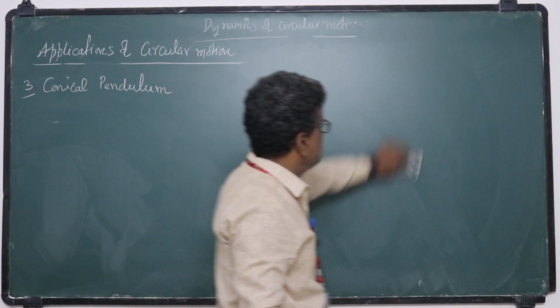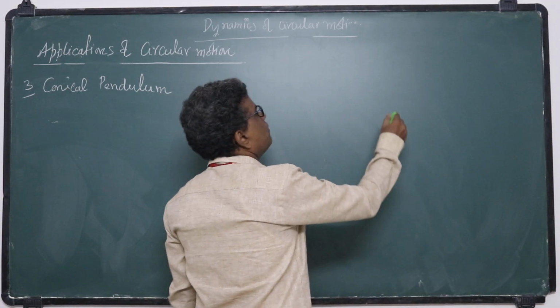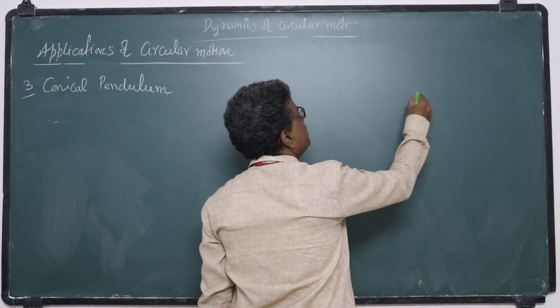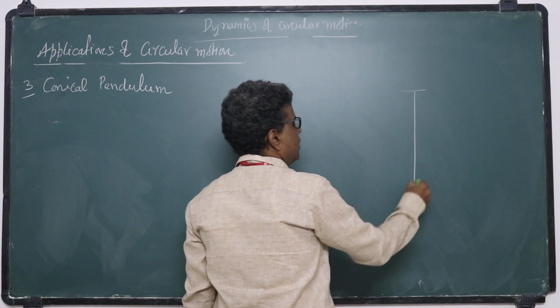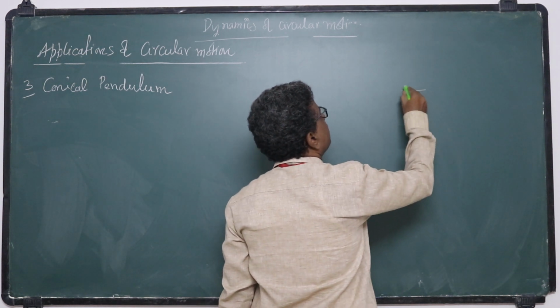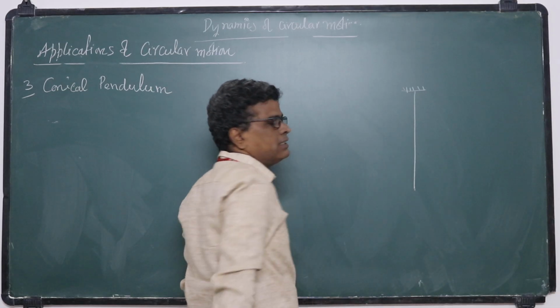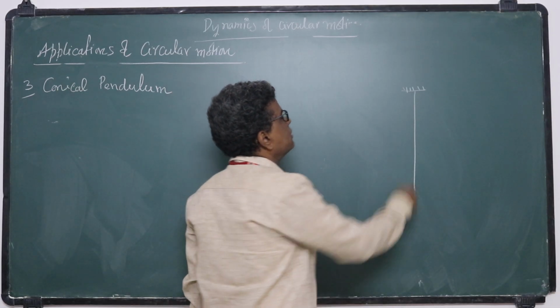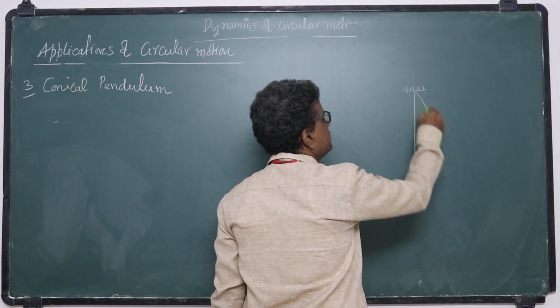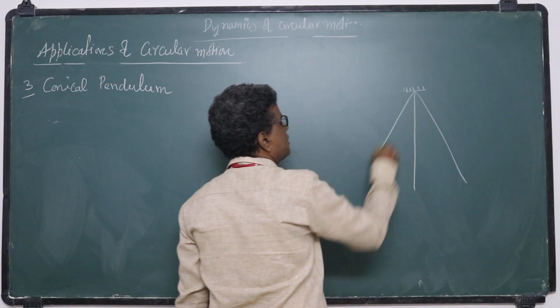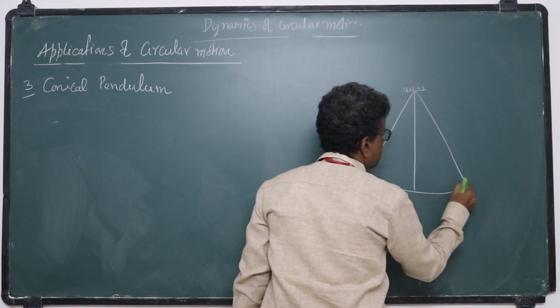What is a conical pendulum? A body is tied to a string and whirled in a horizontal circle. One end is fixed to the roof, the other end is rotated in a horizontal circle like this.